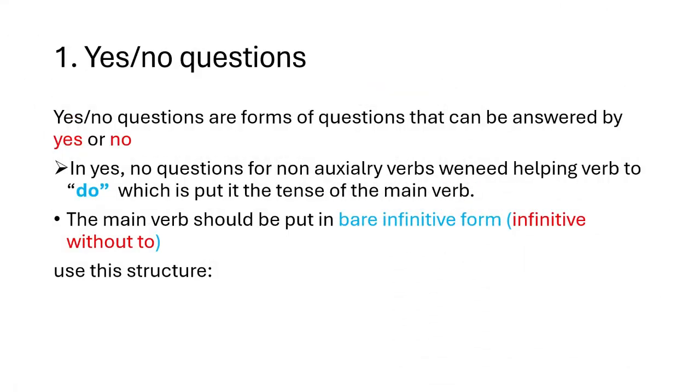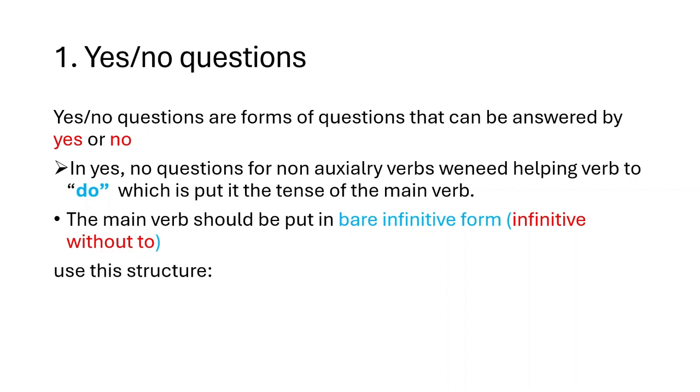So, yes, no questions are a form of questions that can be answered by yes or no, as I've said. In yes or no questions, for non-auxiliary verbs, we need a helping verb to do. And this verb is put in the tense of the main verb. So, if the main verb is in the past, verb to do should be in the past.